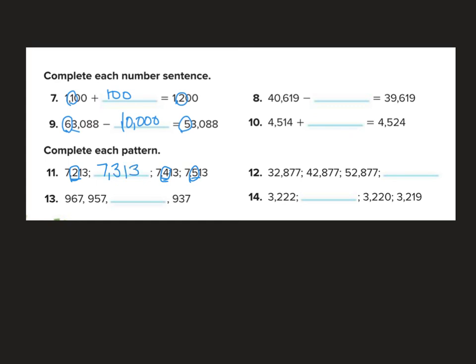Okay, let's look at number 13. 967, 957, 937. I notice the only digit changing is in the tens place. Okay, I went 6, 5, blank, 3. This is going to be a 4, 947. Okie dokie.